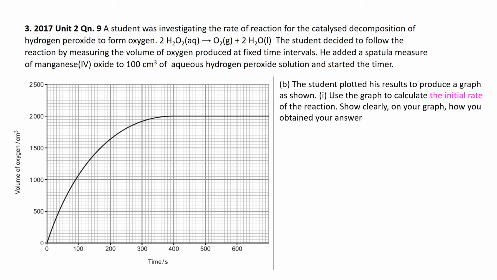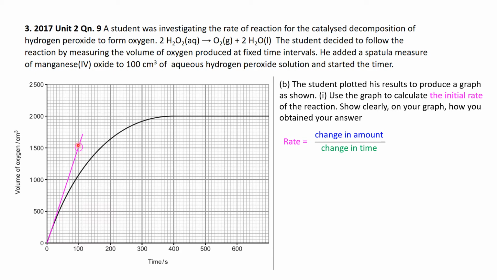So the first question, use the graph to calculate the initial rate of reaction. Well, as we've already done, the initial rate is what's happening at the start. Rate is always amount over time. Here the amount is the volume of oxygen over the time. So we're going to draw a tangent to the graph at 0. And there it is. Again, let's find a nice point that we can read off the graph.